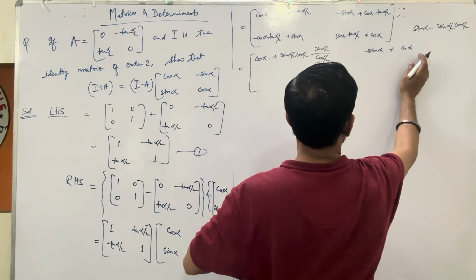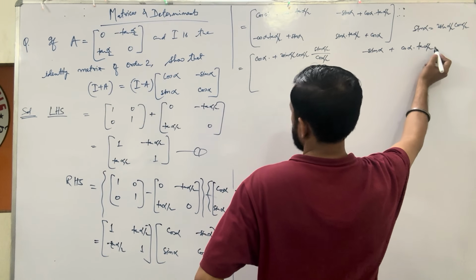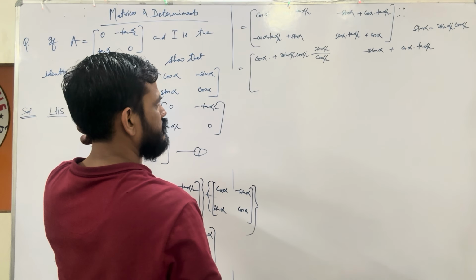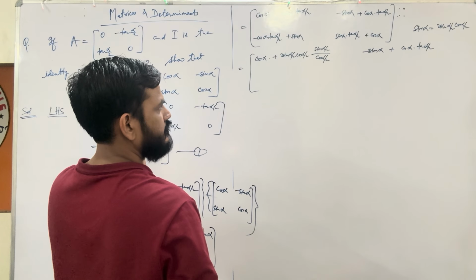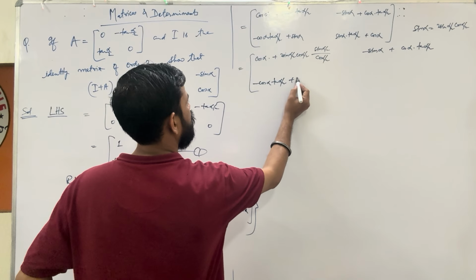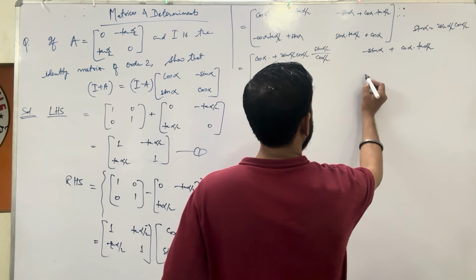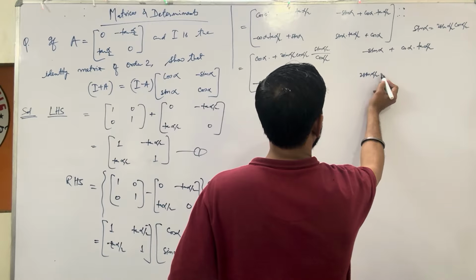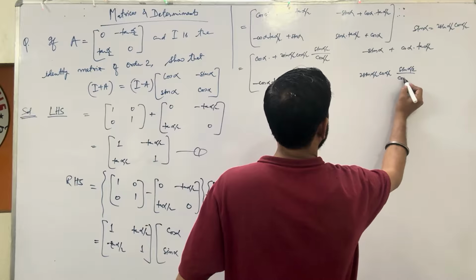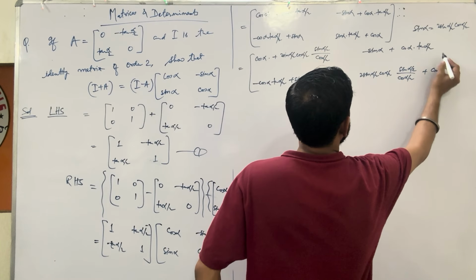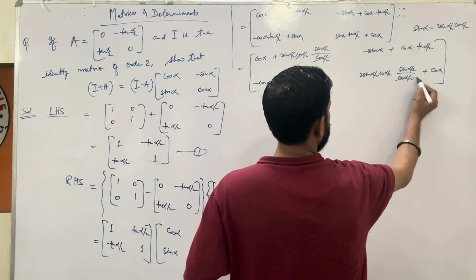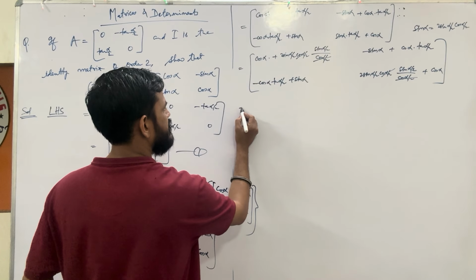So I should keep tan as it is, tan alpha by 2, and similarly the other terms. So we clearly see that cos alpha by 2 and cos alpha by 2 get cancelled.